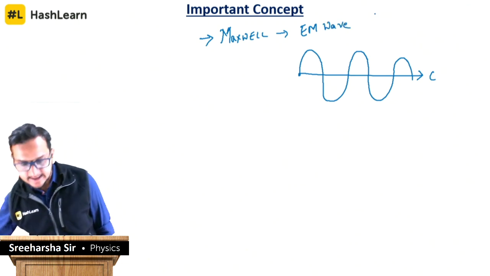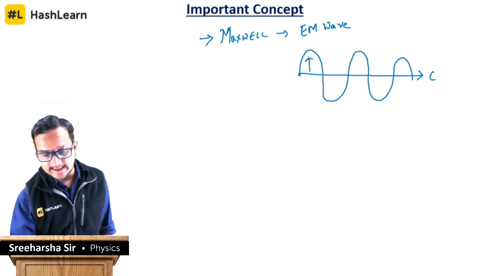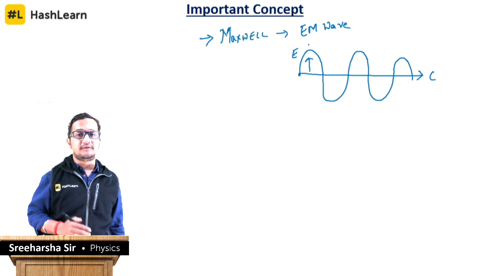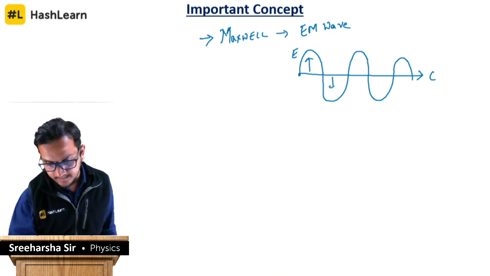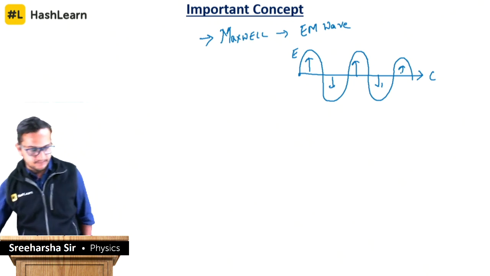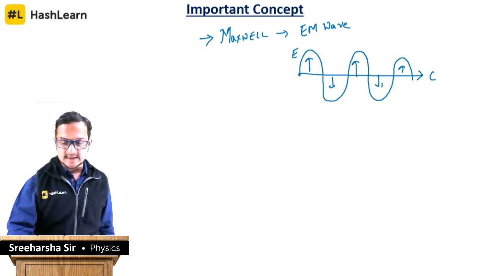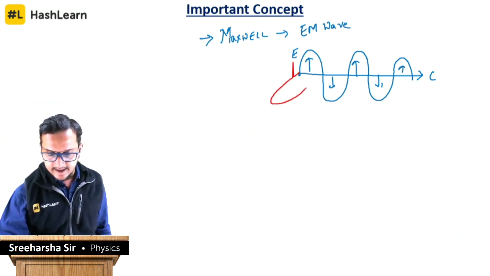This is the direction in which the electric fields are vibrating, and perpendicular to this will be the magnetic field, which is vibrating in this condition.